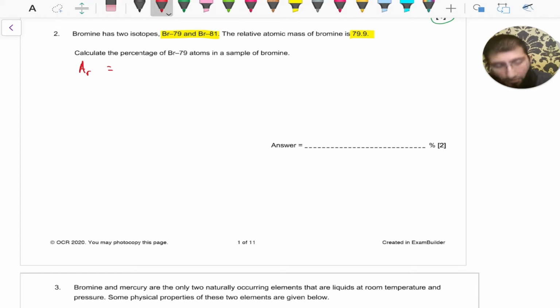So let's have a look at what information we've got. I'm going to start off with the formula. Now this formula you need to know. It's not provided to you in any exam, so you must learn this and commit it to memory. Again, it's just GCSE chemistry, and I'm confident that you can do this.